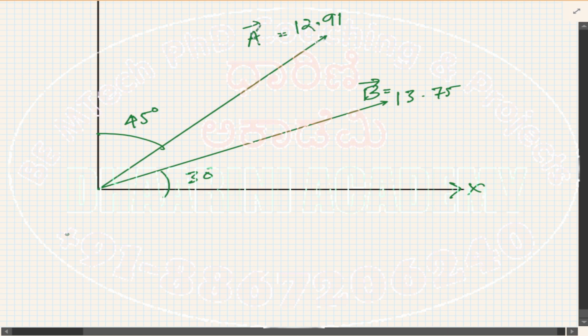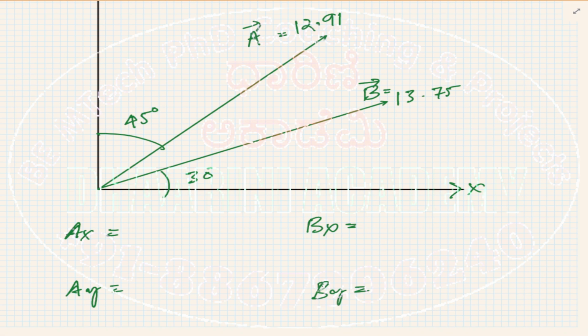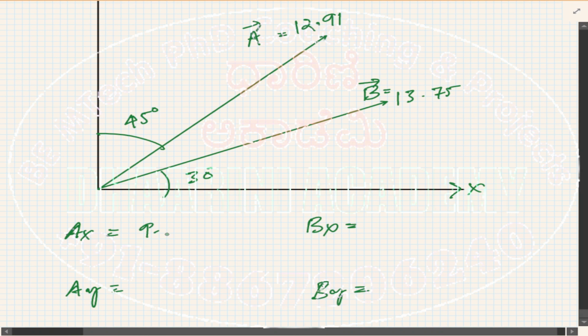So find AX, AY, BX and BY. AX is 9.130, because the angle is 45. Perfect.